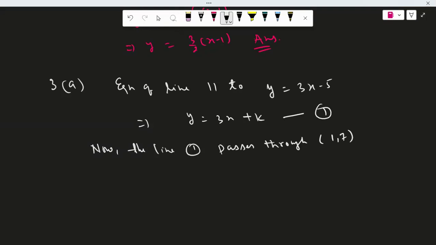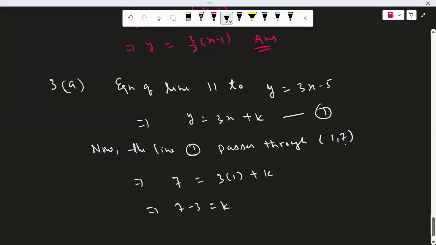In place of y, we will put the y coordinate, that is 7. In place of x, we will put 1, the x coordinate: 7 equals 3 times 1 plus k. So 7 minus 3 equals 4, k equals 4.